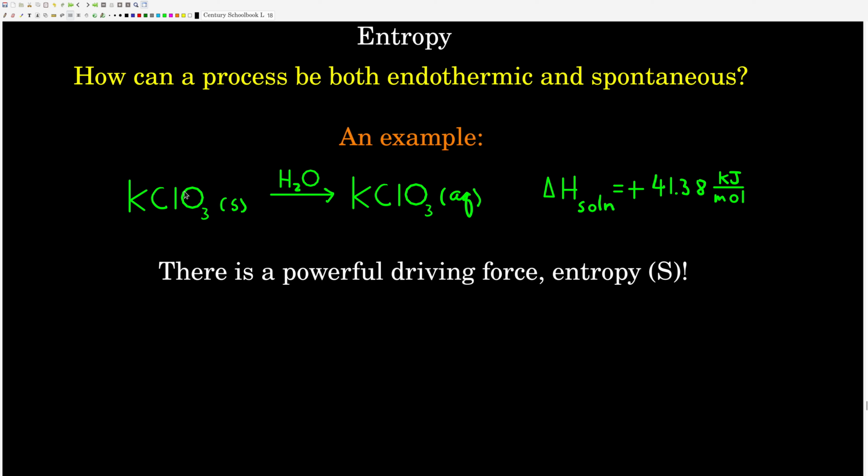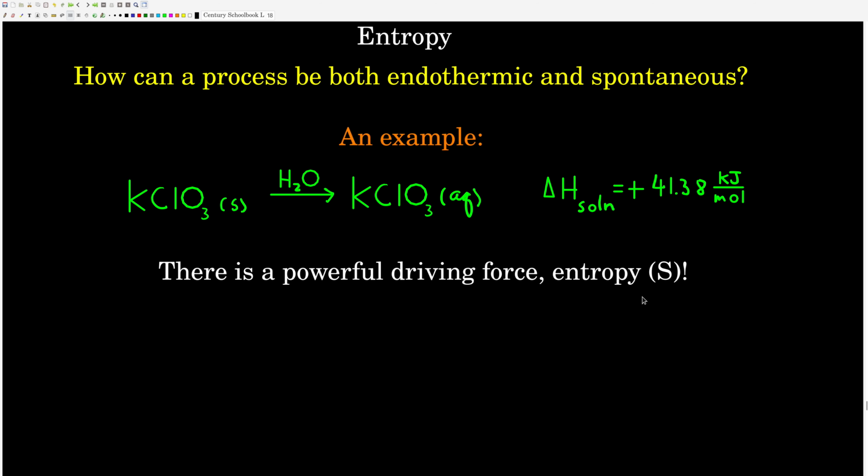We know if we take some solid potassium chlorate and put it into water, it spontaneously, by itself, dissolves. How can that be? It ends up there's another really powerful driving force called entropy. Now what we're going to do here is just introduce you to the concept. We're going to come back in a later module and delve into this a little bit more.